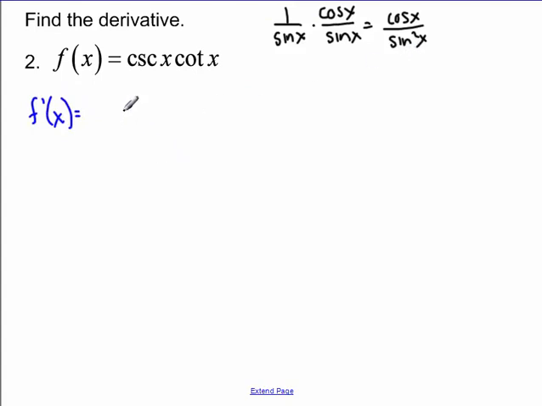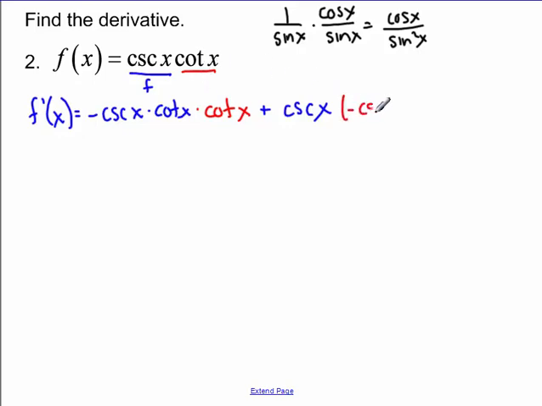Okay, so derivative of the first. Derivative of cosecant is negative cosecant x cotangent x. Leaving the second alone. Plus, leaving the first alone, derivative of the second, derivative of cotangent is negative cosecant squared x.